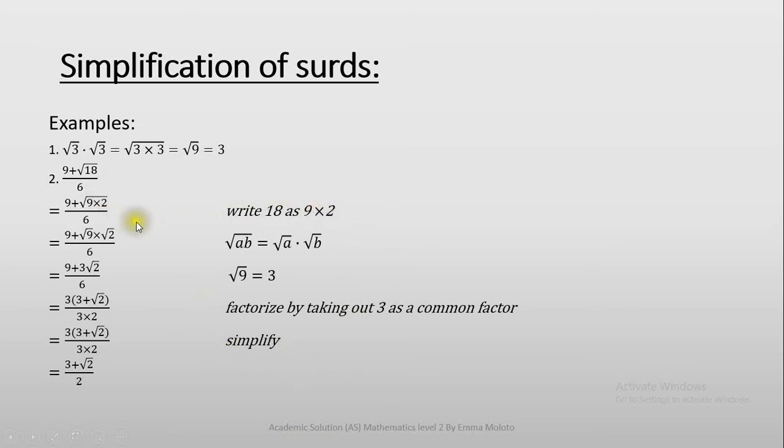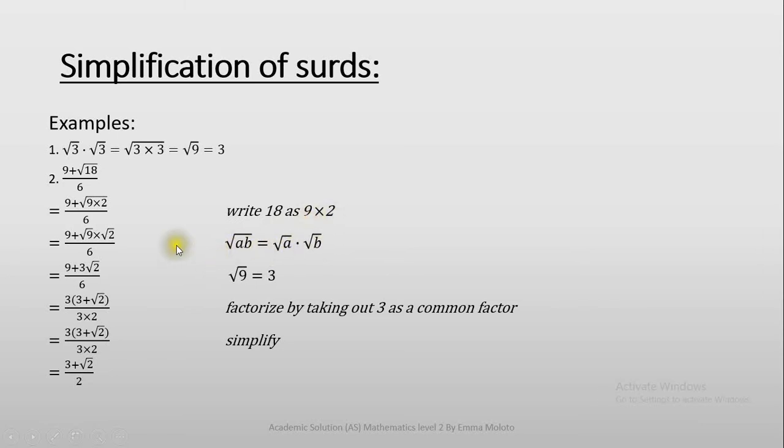The next step says write 18 as 9 multiplied by 2. So that's why we have 9 multiplied by 2. If you punch this on a calculator or multiply this in your head, it will take you back to 18. The next step says the square root of ab is equal to the square root of a multiplied by the square root of b.